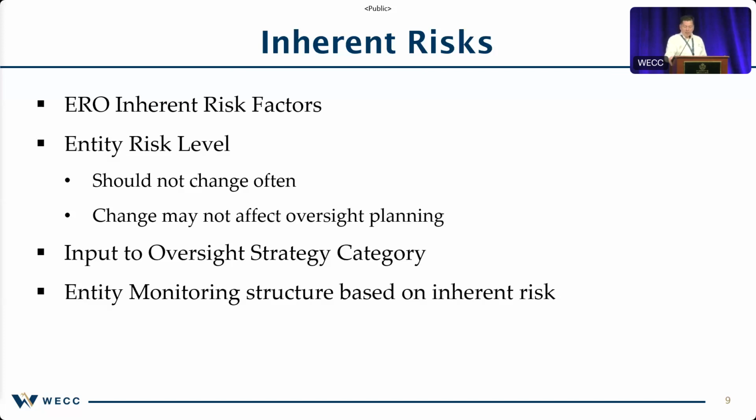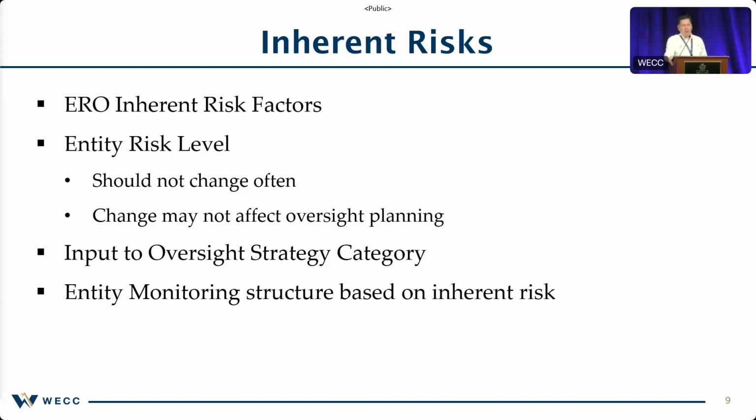Based on the risk levels identified, the oversight planning team will determine the overall risk level for that entity. And we don't expect the risk level for most risk factors to change quickly or that often. Let's say it's a GOGOP and they have a capacitor that they use to help control voltage, they would be rated high in voltage control.